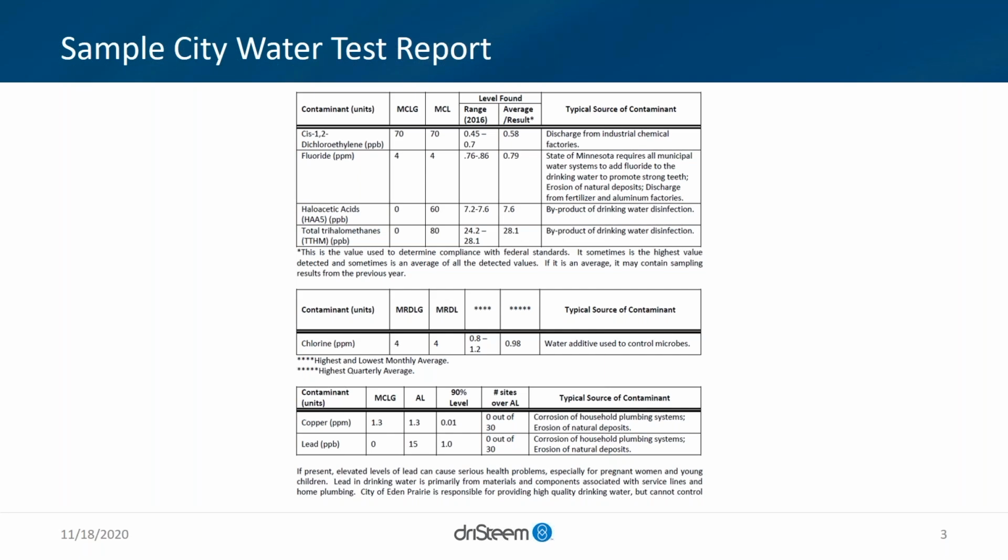The chlorine is the disinfectant right in the middle of the screen on this. They're saying the maximum allowed condition is 4 ppm and their average result is a little under 1 ppm. So the biggest thing here, and as we all look at this as it relates to dechlorination applications, is there is chlorine present. The other thing that could potentially be on here is a chloramine, also another disinfectant.